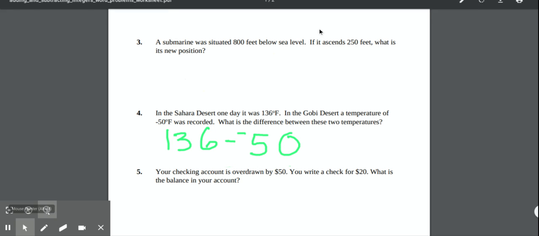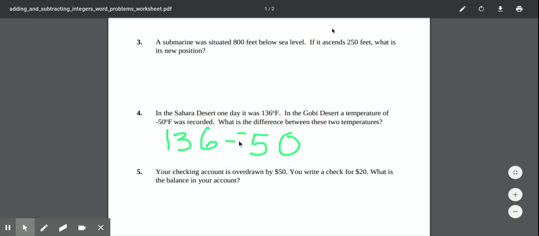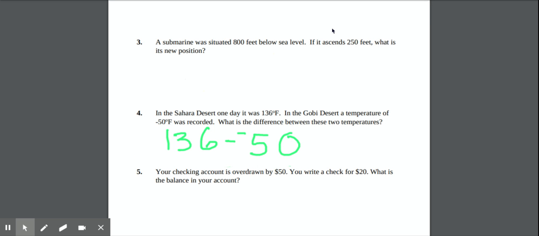And we see right here, we have a double negative, which means we have to do what? We have to make it a positive. So in essence, we have 136 plus 50.